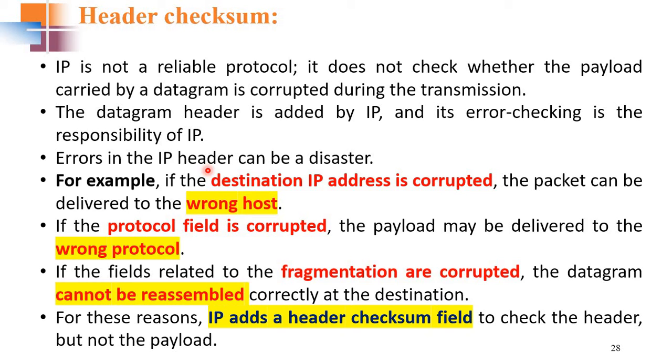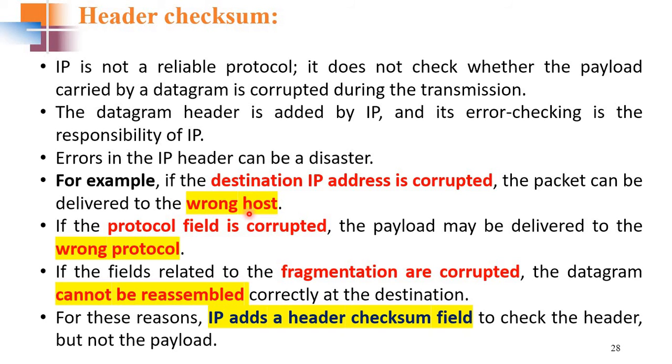So we are not supposed to focus only on the payload, we are supposed to focus on the datagram header also. For example, if the destination IP address is corrupted, as in the postal example, if your address has been erased or somebody mistakenly scribbled on top of it, it won't go to the respective host. It will go to a wrong host.